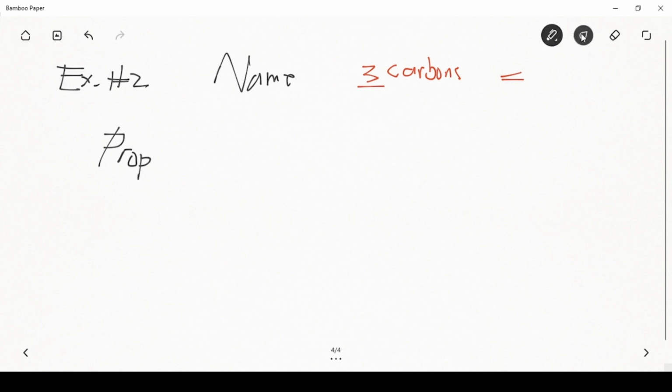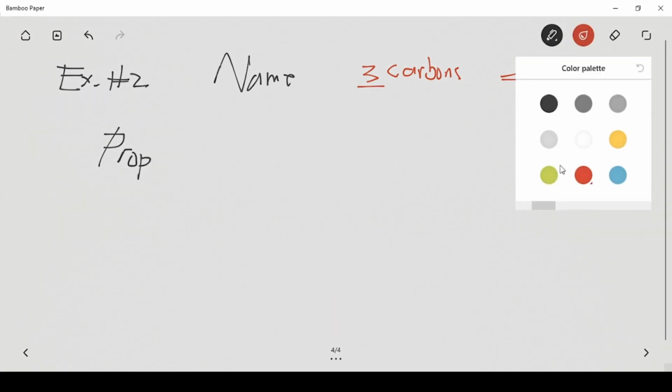Now, the next one is to identify the suffix.